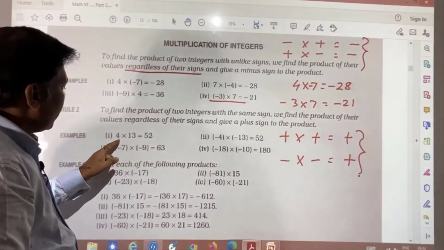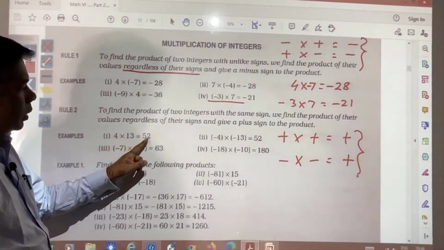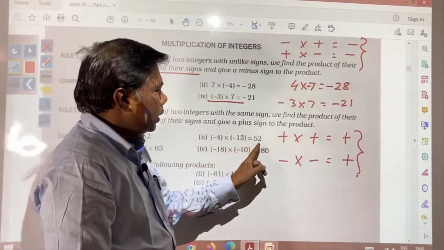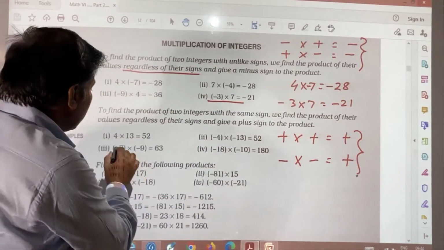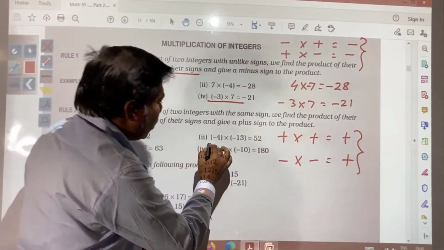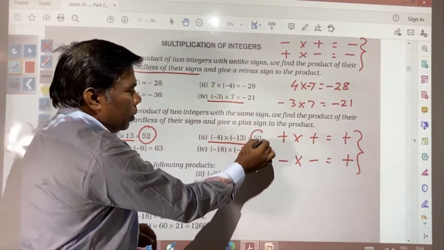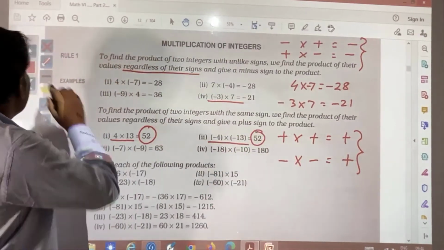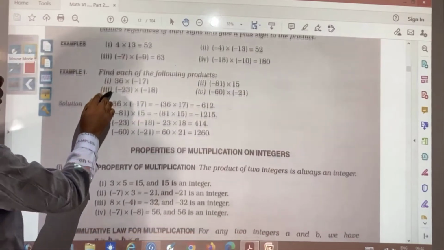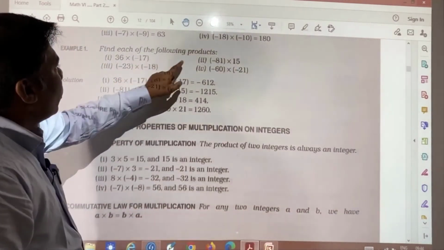So examples have been given here. You see 13 into 4 is 52, and minus 4 into minus 13 will become 52. So whether both are positive or both are negative, the product is positive. This you need to remember. Find each of the following products.